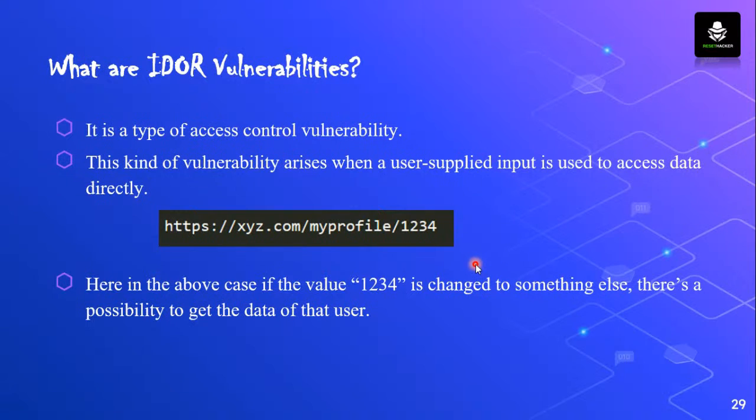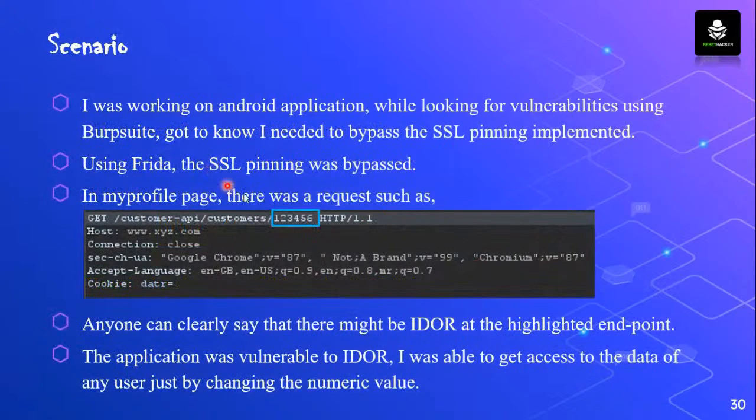I'll let you know how I was able to exploit this IDOR to take over a whole user's account. The scenario was the same. While I was working on the application, I came across an endpoint. I forgot to tell you that it was a mobile application, an Android application, and SSL pinning was implemented.